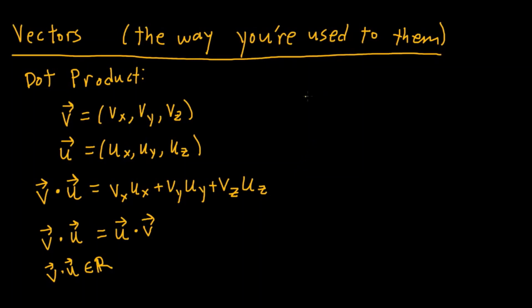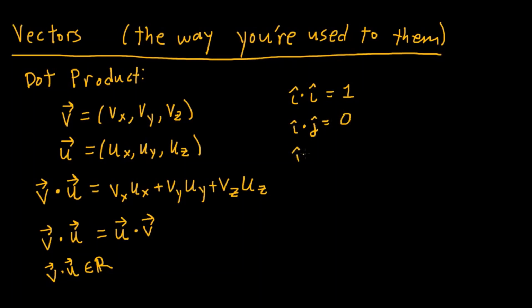All right, now the next thing I want to say is that we can find out what the dot products between the basis vectors are. So for example, i hat dot i hat is 1, and i hat dot j hat is 0.